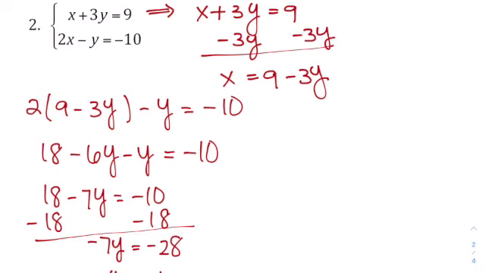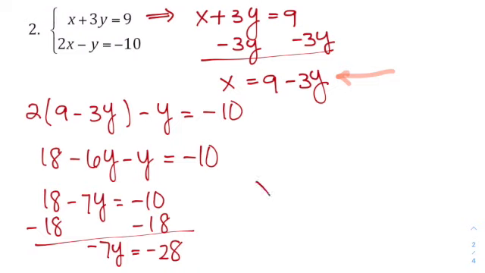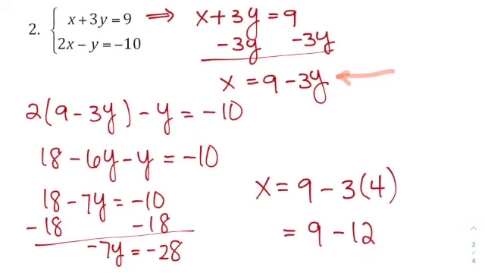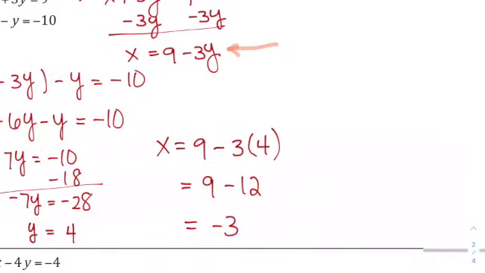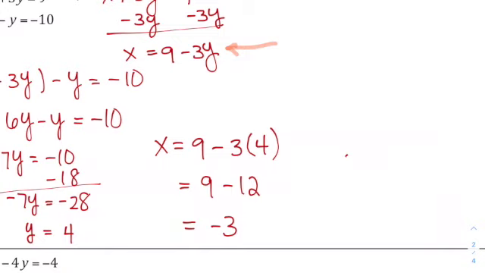So let's plug into the easier one. x is equal to 9 minus 3 times 4. That's 9 minus 12, which is negative 3. So your ordered pair for this one is negative 3, comma 4.